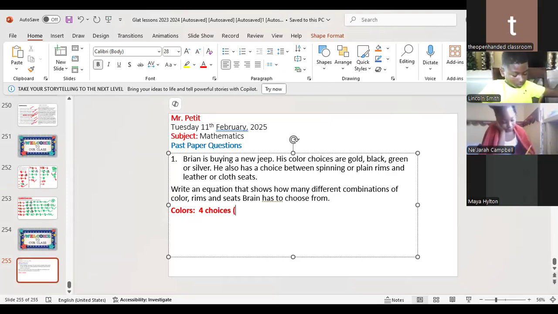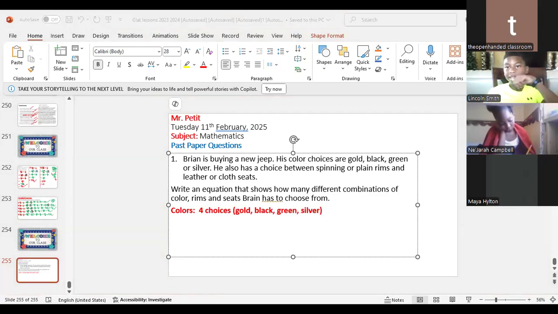This is gold. What's the next color? Black. What's the next color? Green, and silver. Those are the 4 choices that he has: gold, black, green, and silver.